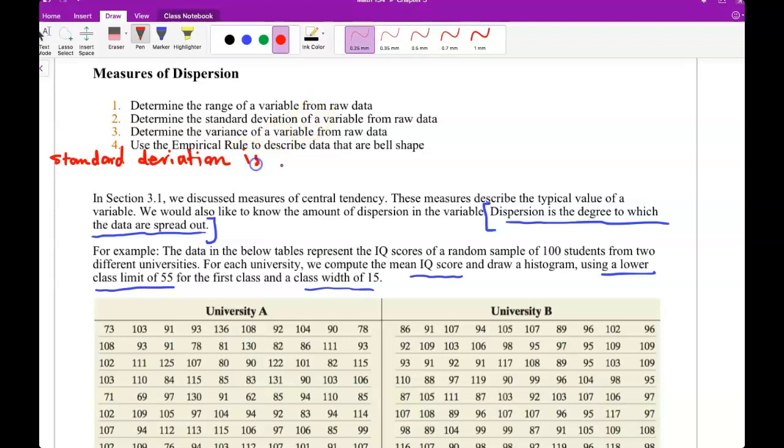So this one is a measure of the amount of variation or dispersion.